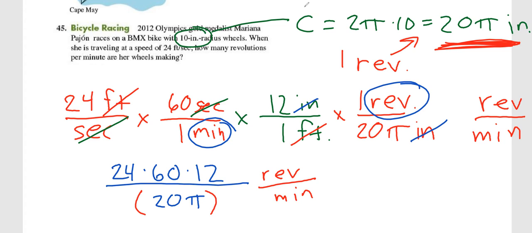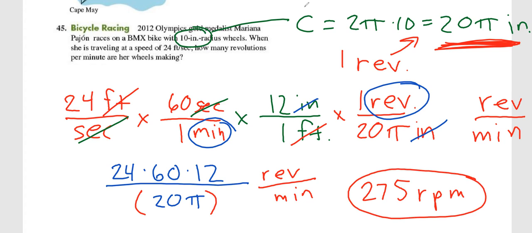Let's see here. 24 times 60 times 12 divided by parenthesis 20 pi. I ended up with 275 basically. 275 RPMs. That kind of help? Yep.